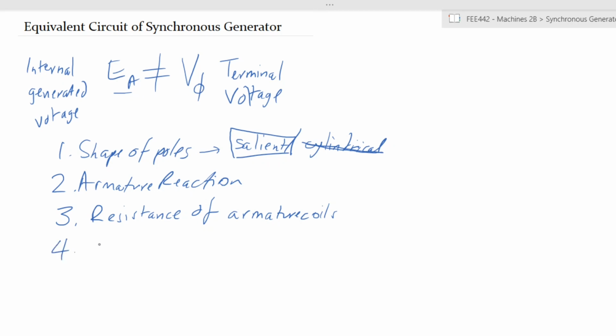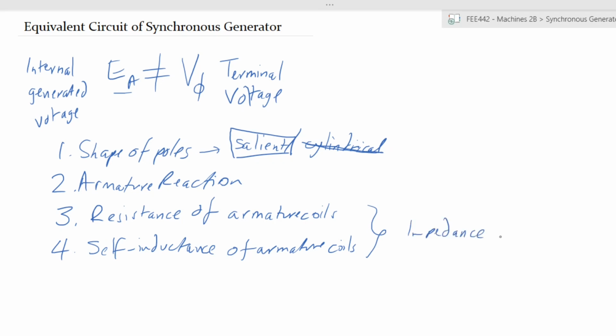And finally, you also have self-inductance of the armature coils. So similarly, these two together, this is the impedance of the windings in the stator.